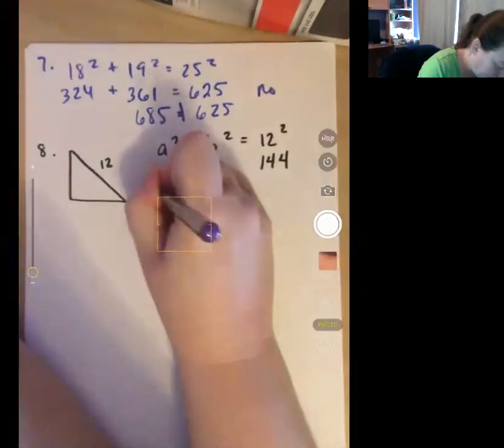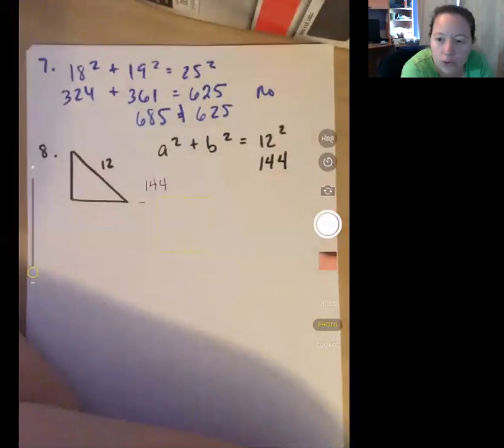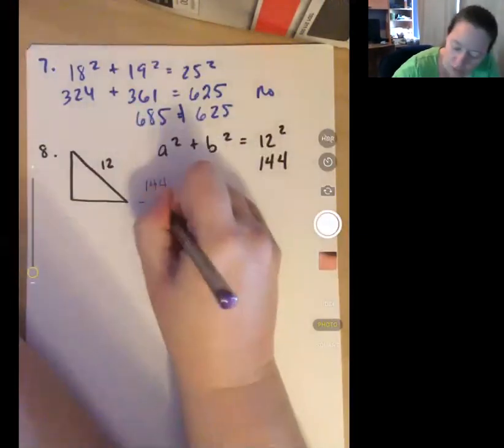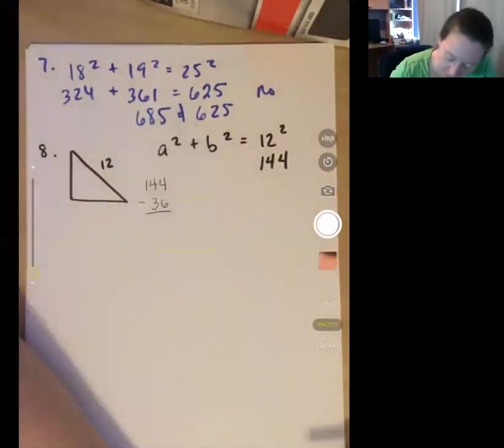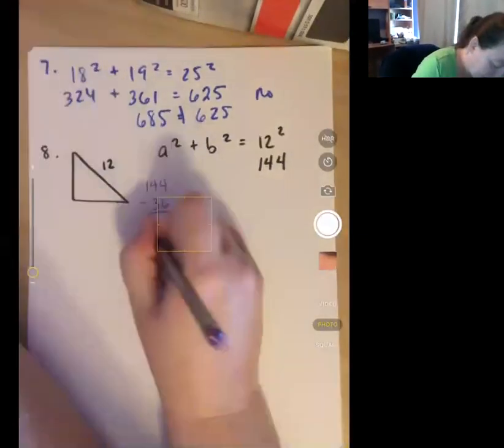144. If I take away from that 144 a like 6 squared. So 6 squared is 6 times 6, which is 36. So 144 minus 36 gives us 108.